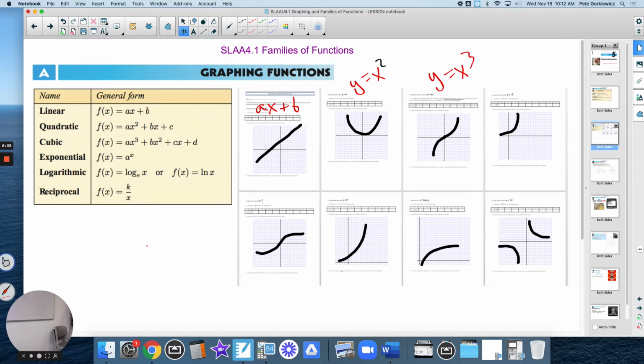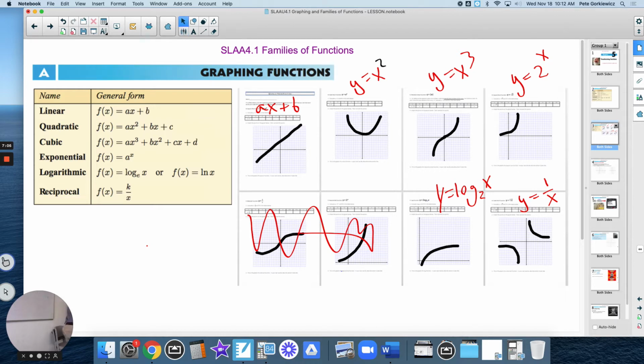This is an exponential, y equals, I don't know, 2 to the x. This is a reciprocal, y equals 1 over x. This is a log graph, base 2 to the x. Kind of give a rough sketch, just so you see what they look like.